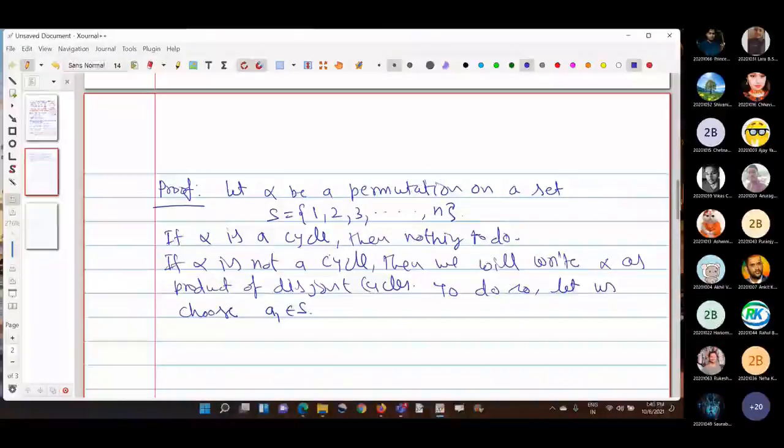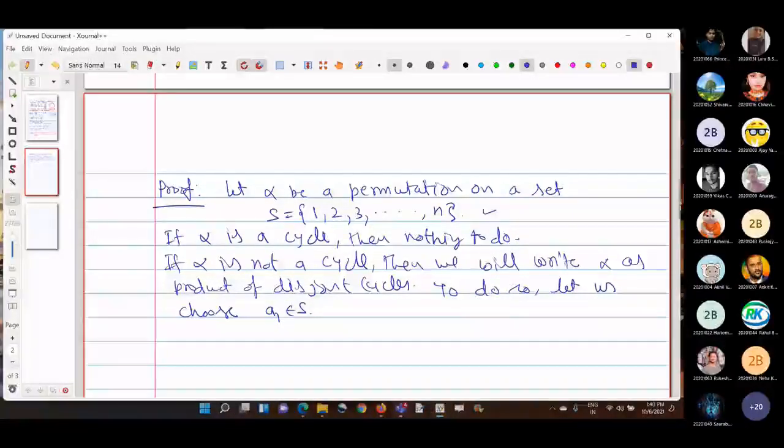A1 may be representing anything, 1, 2, 3, 4 up to n. If I take 1 belongs to S, then it means we are taking some fixed element, but because we need to take it arbitrary, I have taken A1, and A1 may take any value from this set.